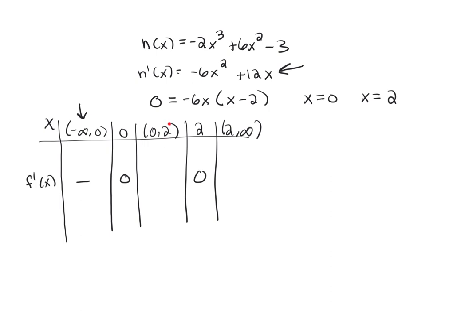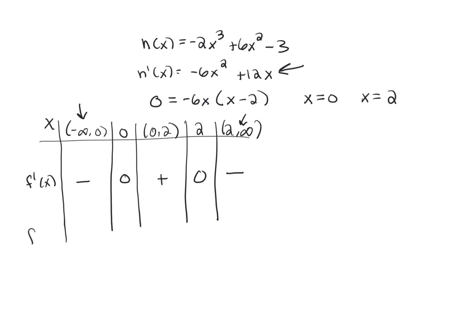In this interval, let's plug in 1. So this will be negative 6 plus 12, so that goes to positive. And then if you plug in a very large number, this would be negative. It actually helps to look at it in the factored form. So this would be negative, this would be positive, and a negative times a positive makes this negative.